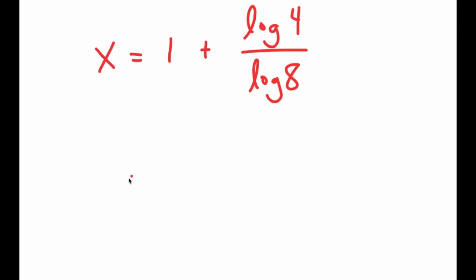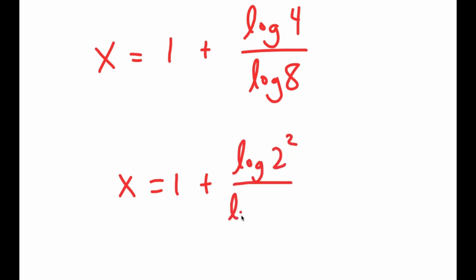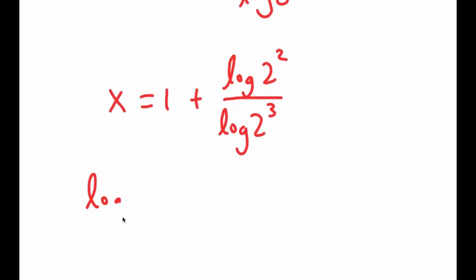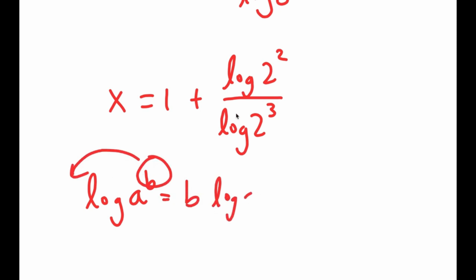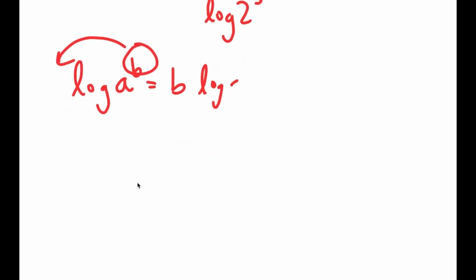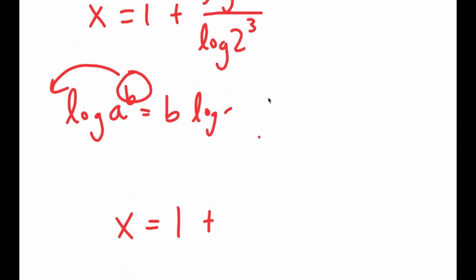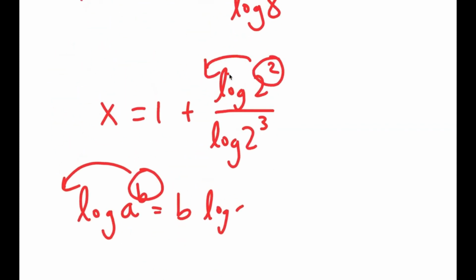Now, log of 4 is the same thing as log of 2 squared. And log of 8 is the same thing as log of 2 to the power of 3. So now if I have something in the form log of a to the power of b, again, I can move b to the front, so it's b times log a. So that's exactly what I'm going to do with both of these. So I get x is equal to 1 plus, I can move the 2 to the front.